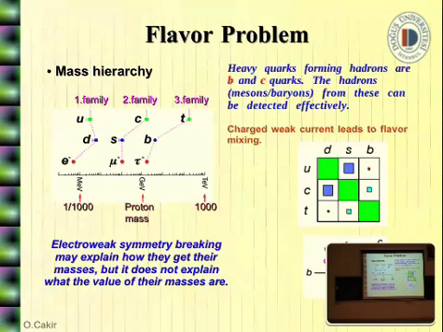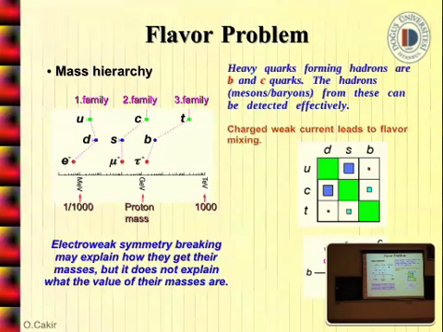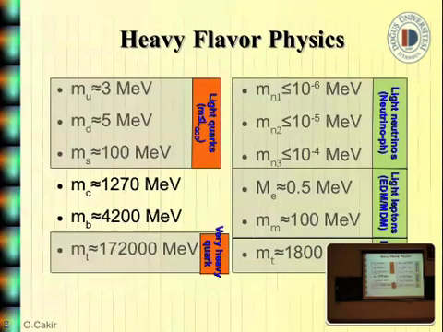There is also the flavor problem which should be solved. Some of the particles have high mass, and the other ones have very small mass, and it makes a mass hierarchy.